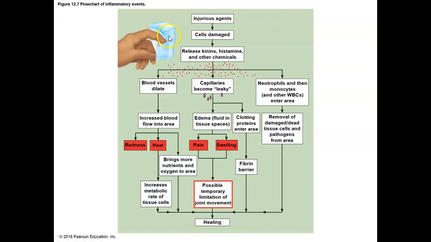In this case, you had broken glass and you cut yourself. So there's cell damage, and the cell itself releases chemicals. These chemicals stimulate neutrophils and monocytes, which will move to that area. These are your phagocytic cells that are going to remove damaged tissue and any potential pathogens.